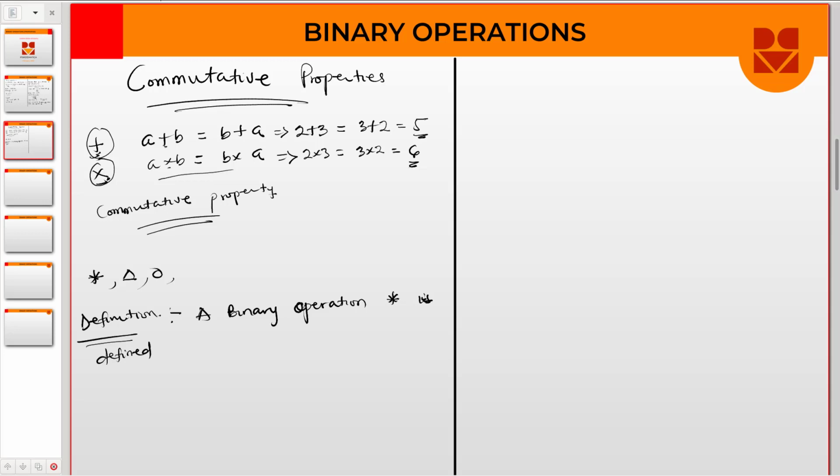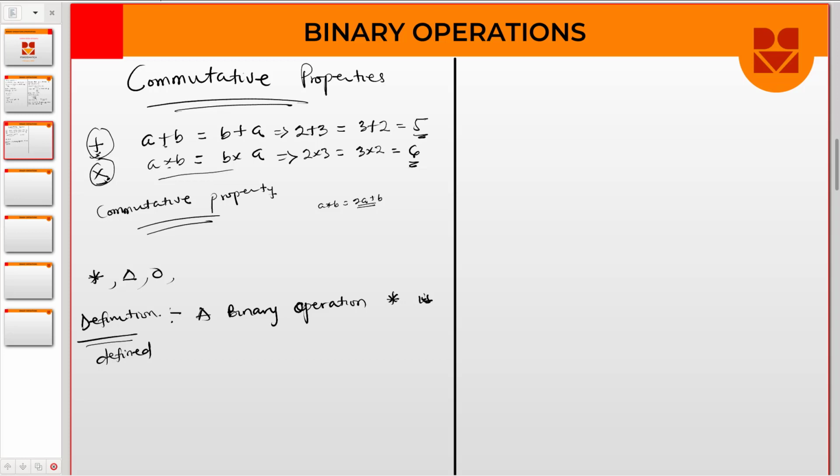What do we mean by the definition? Being told that a star b is equal to maybe 2a plus b. That's the definition. And for the addition and multiplication ones, they have already been well defined, so we know how it's done.